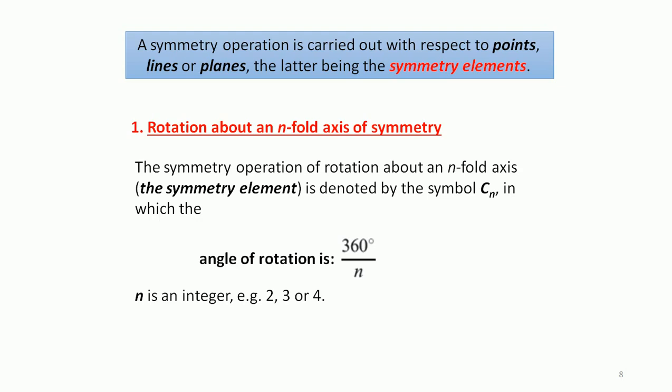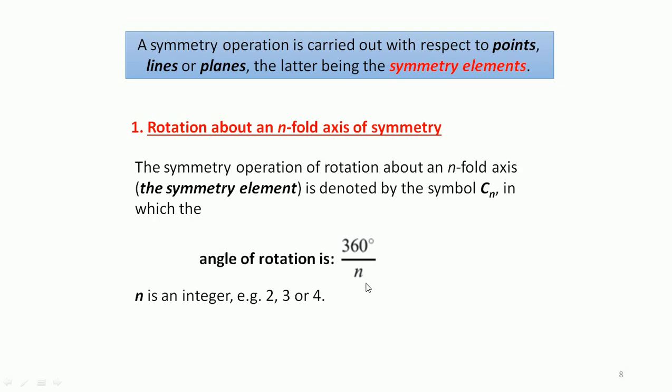Here we have seen a rotation operation. In the case of BF3 molecule, we can rotate that molecule by an angle of 120 degree through an axis of symmetry. So the symmetry operation of rotation about an n-fold axis is always denoted by the symbol Cn. Cn is the symbol used for denoting rotation about an n-fold axis, and this n can be obtained using the equation angle of rotation is equal to 360 degree divided by n.